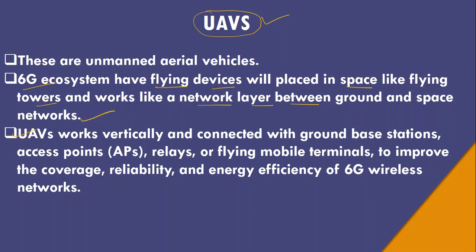The UAV works vertically, communicating from space to ground along a vertical path, and is connected with ground base stations, access points, relays, small base stations or small towers, or flying mobile terminals to improve the coverage, reliability and energy efficiency of the 6G wireless network. All these things are done very smoothly in the 6G communication system.